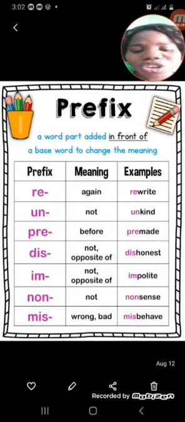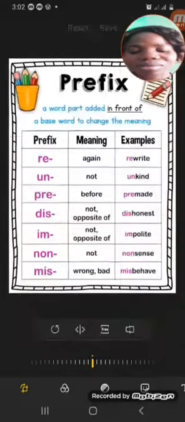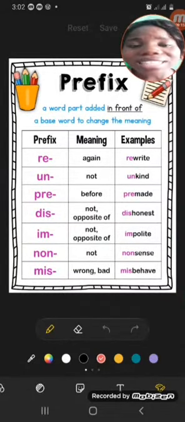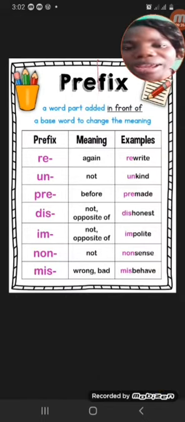Now let me show you. I said a prefix is a letter or groups of letters added at the beginning of a word. Now, in prefix, we have two different things. We have pre and fix.